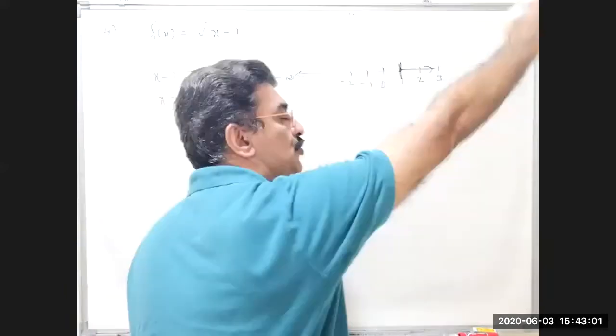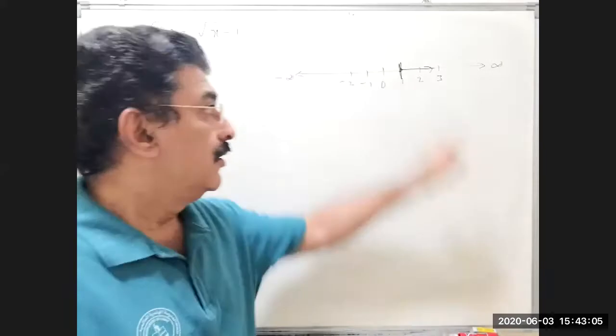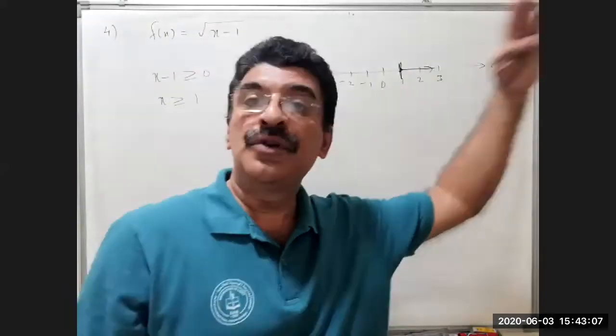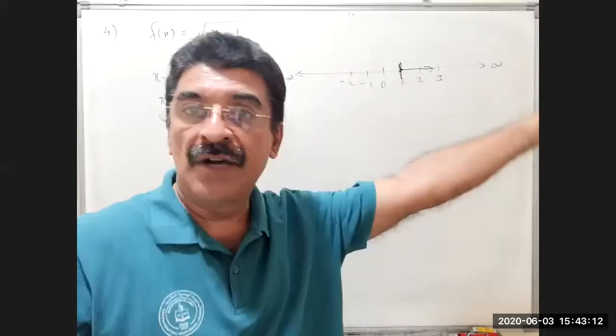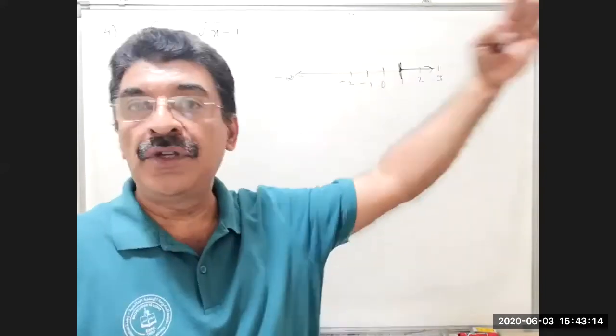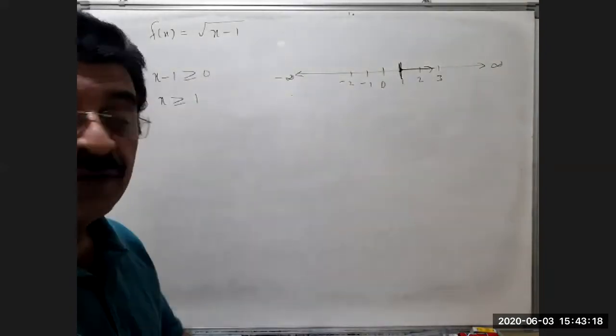So 1 onwards towards the right means till which number? Starting from 1, it goes to infinity, because we don't have a last number. More than 1 means it goes to infinity, because our number system is infinite. So x is greater than or equal to 1.